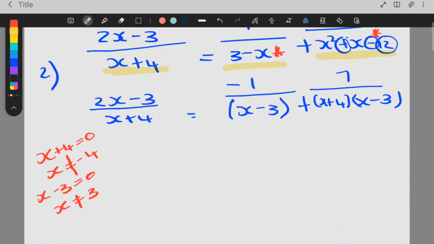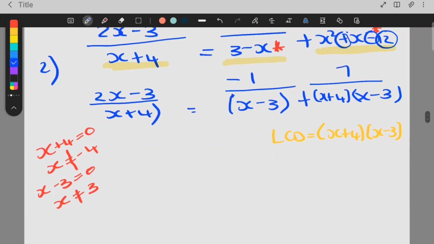X cannot be 3. That's my restriction. I have to find my LCD. My LCD is going to be what's in my denominator. So there is an x plus 4 and there is also an x minus 3. That is my LCD. So by the first fraction, do you see this x plus 4? To make x plus 4 look like this, I must multiply it by x minus 3.